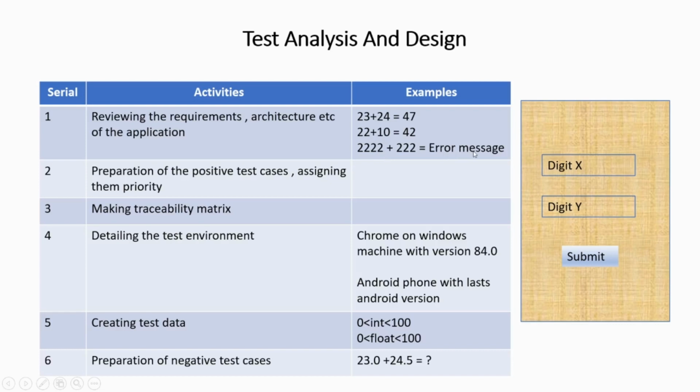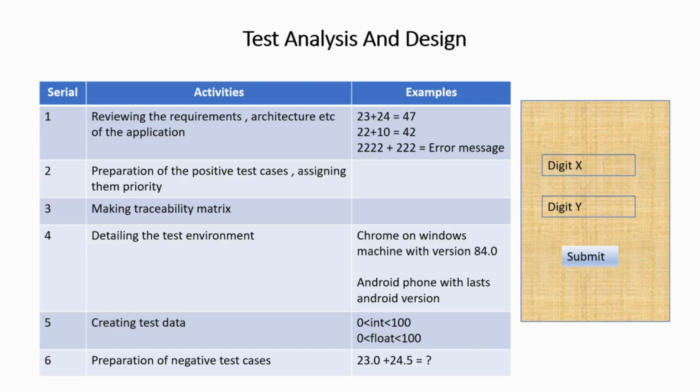Probably we will get an error message. Is this error message specified in the requirements or not? If not, then we will ask the product owner. Or what will happen if I leave one box blank and then click the submit button? Probably I will again get an error message, but is this error message documented somewhere in the requirements? What will this error message look like?